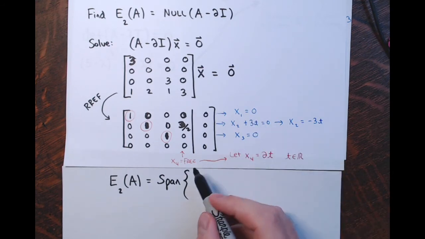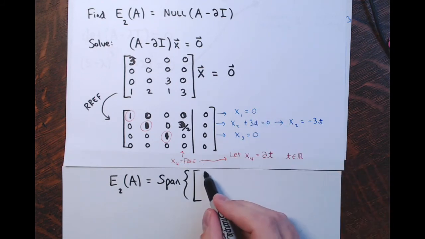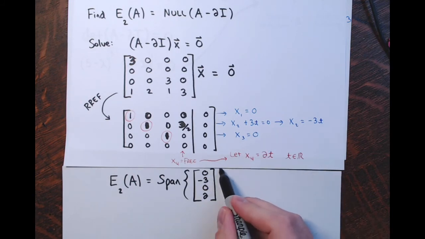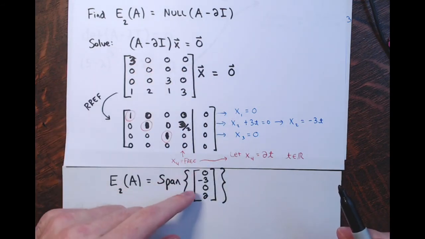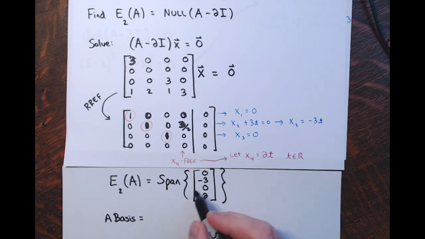And the coefficients of t throughout this are 0 for x1, -3 for x2, 0 for x3, and then 2 for x4. Right, so every vector that's a solution to this equation is some multiple of this vector with the 4 components 0, -3, 0, and 2. And then a basis for this, an eigenbasis, would be just this set with this one vector in it.